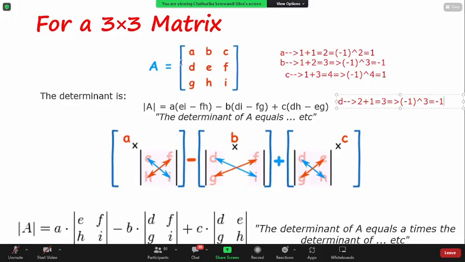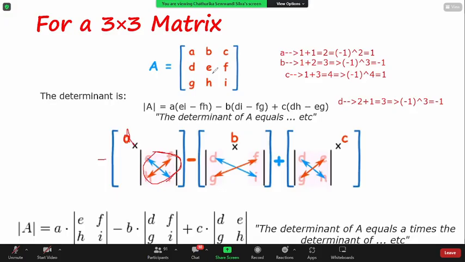So for the first element D, when we find the determinant with respect to the second row, it is D times, and this 2 by 2 matrix changes. Anyway, for this first term there is a minus in front.